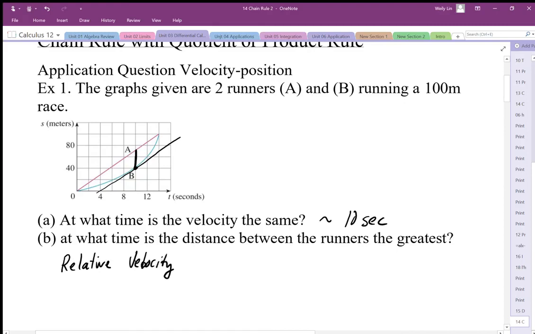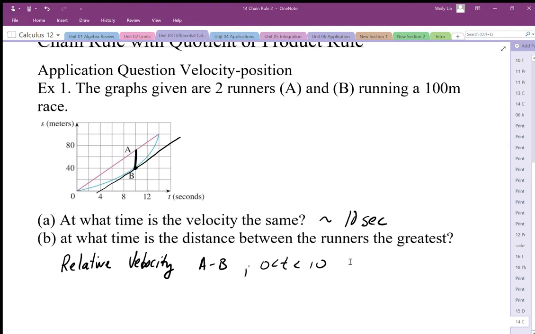Okay, and we'll just do A minus B. Okay, so relative velocity of A minus B. It doesn't really matter. So relative velocity for A minus B, for t greater than 0 seconds and less than 10 seconds, the relative velocity is going to be positive.